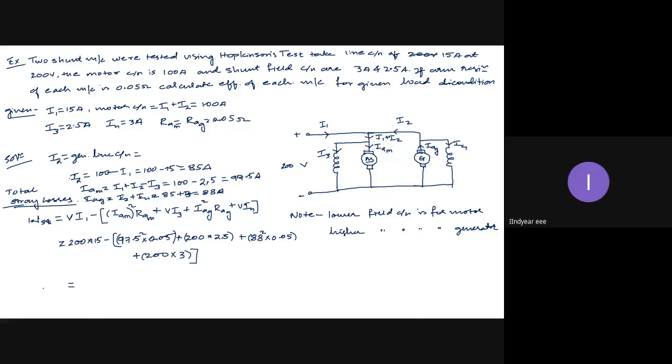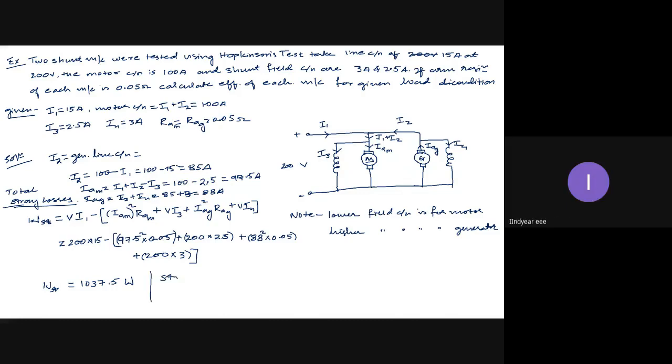Okay. So total stray losses is 1037.5. I will take 0.48 as nothing but 0.5 watts. Others are getting the same? Yes, sir.